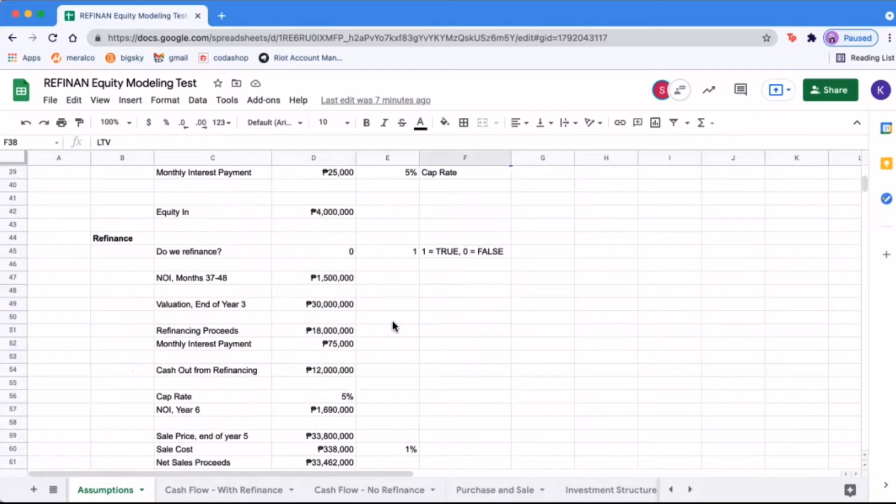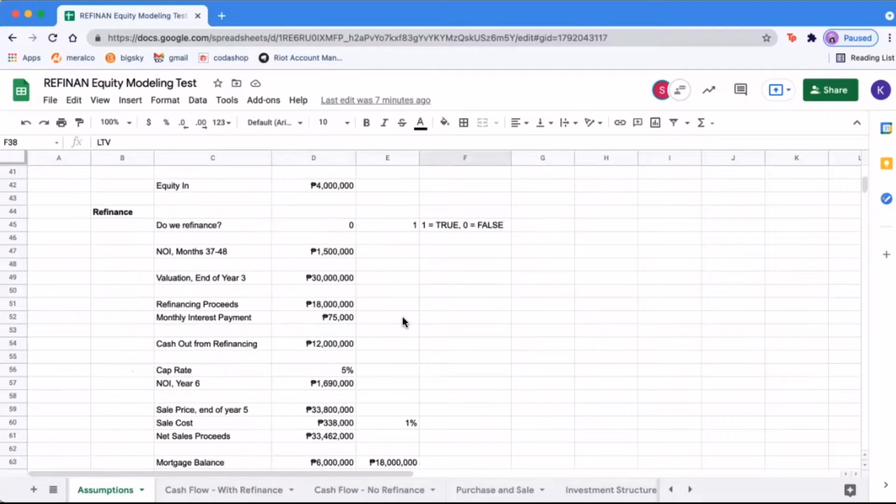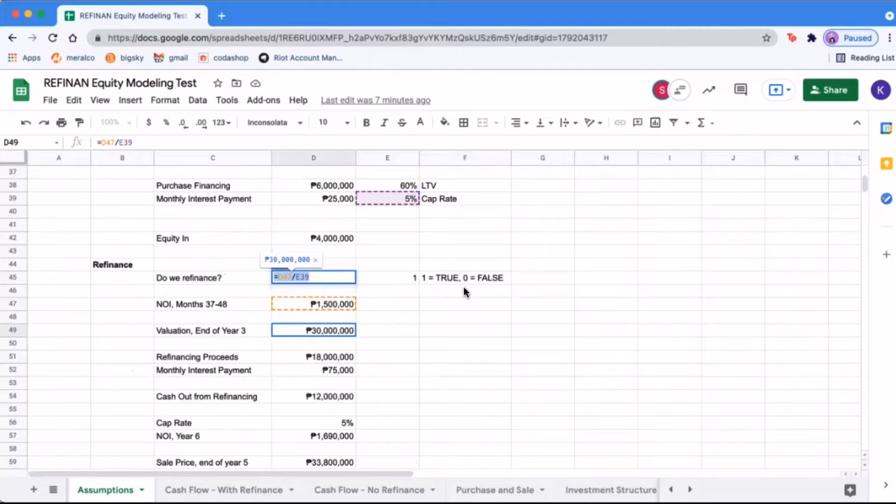And then for refinance, NOI month 37 to 48, this is just the sum of the net operating income from months 37 to 48. For valuation end of year, we divided the NOI months of 37 to 48 by the cap rate of 5%.